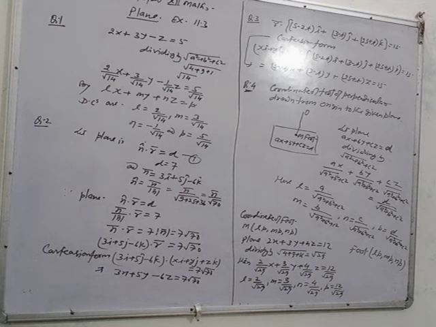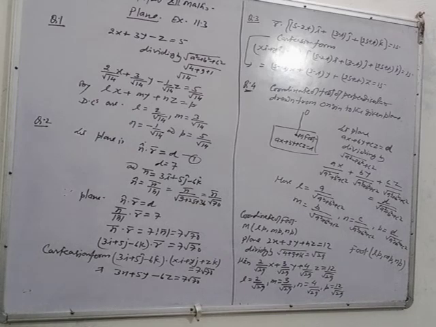So see one part of question number 4. The plane is 2x plus 3y plus 4z is equal to 12. Divide by the root of a square plus b square plus c square. Here a, b, c are 2, 3, 4, so 4 plus 9 plus 16 gives root 29. After dividing by root 29, the coefficients of x, y, z become DCs.